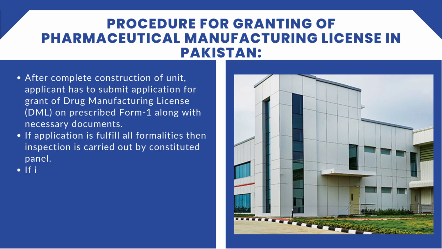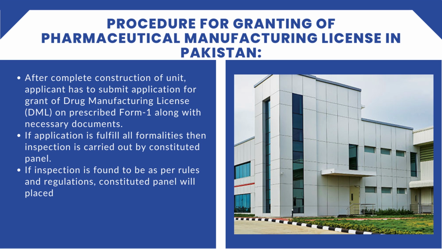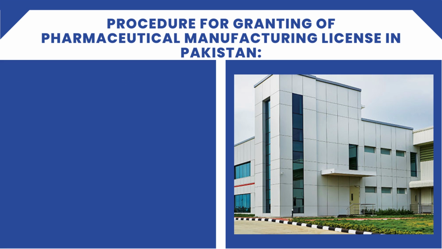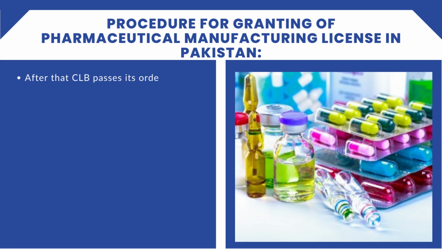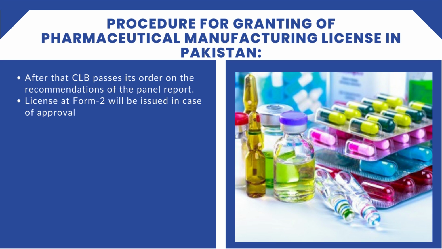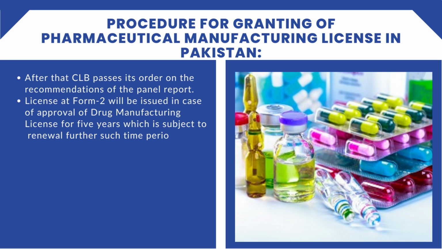If inspection is found to be as per rules and regulations, the constituted panel will place its report before the Central Licensing Board in its meeting. After that, the Central Licensing Board passes its order on the recommendations of the panel report. A license in Form 2 will be issued in case of approval of the drug manufacturing license for 5 years, which is subject to renewal for further such time period till suspended or surrendered.